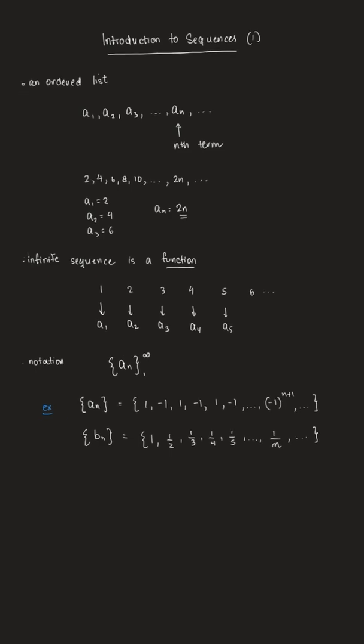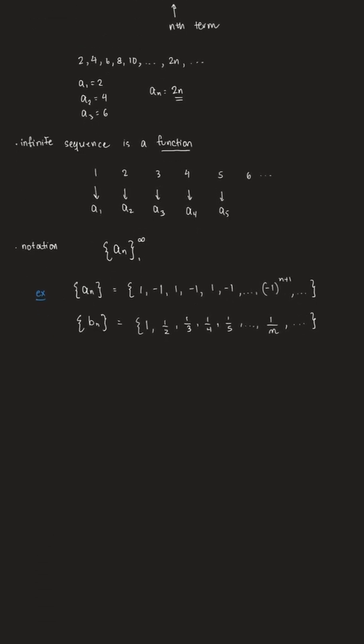Another way to represent this sequence, instead of just a very general b sub n, we might write the nth term, 1 over n. We could leave it like this, or we could write from n equals 1 to infinity. And that would represent this particular sequence, 1, 1/2, 1/3, and so on.